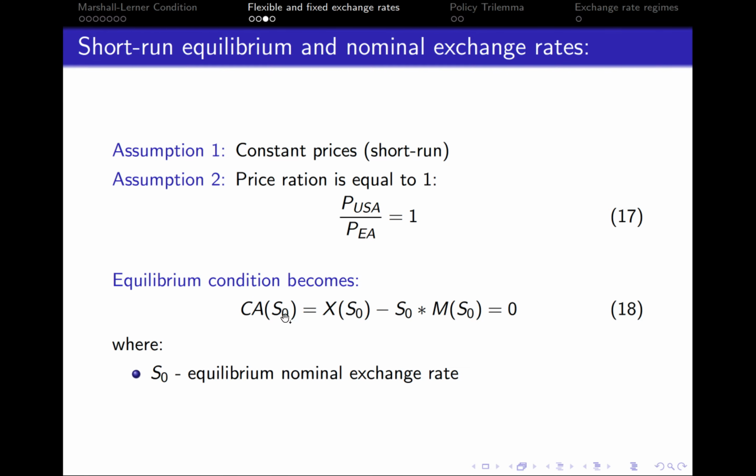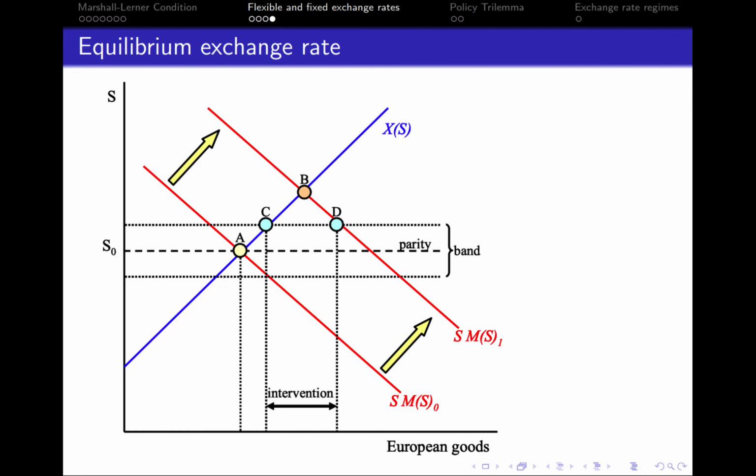And now S0 is going to be the equilibrium nominal exchange rate. Again, we can show this situation on the graph. Now we've got imports as a function of the nominal exchange rate and exports as a function of the nominal exchange rate.